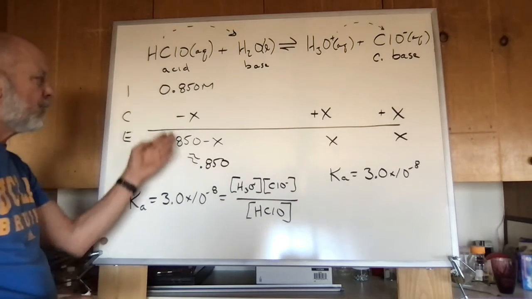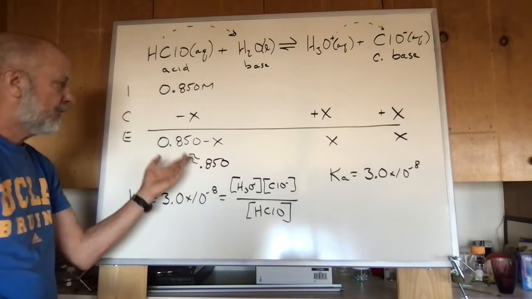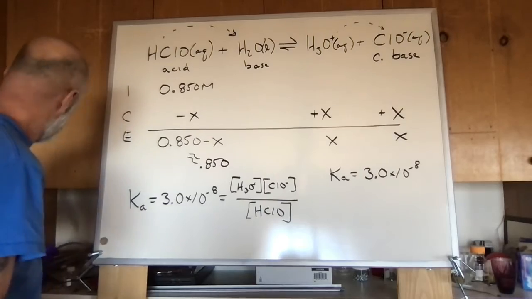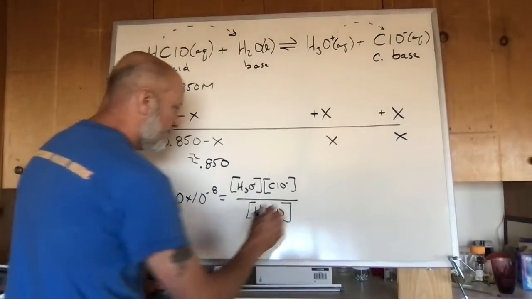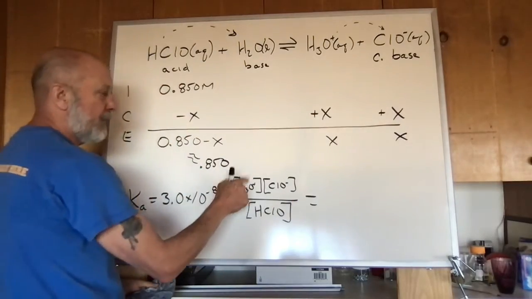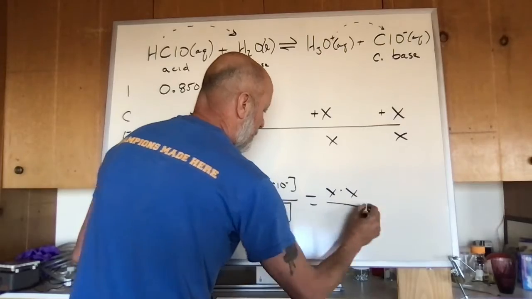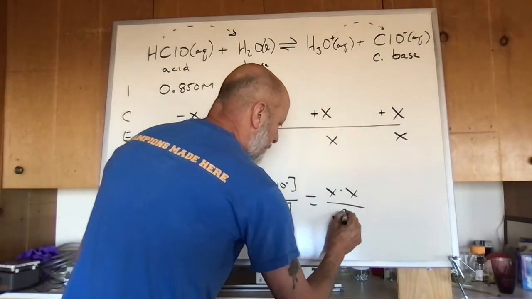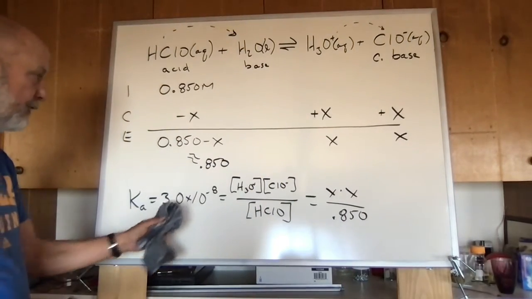I've got 0.85 molar minus an insignificant amount relative to this number, so we can approximate. That makes this so much simpler to solve. We don't need the quadratic equation. Concentration of H3O+, X. Hypochlorite, X. Concentration of HClO, 0.850. And then we just solve for X, right?